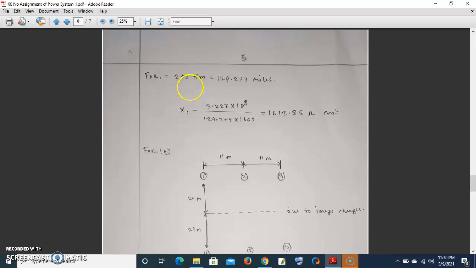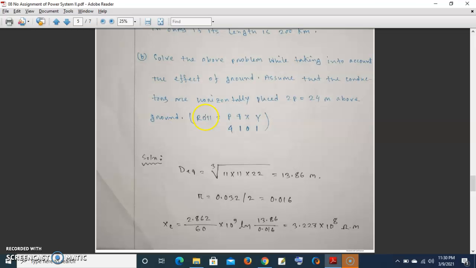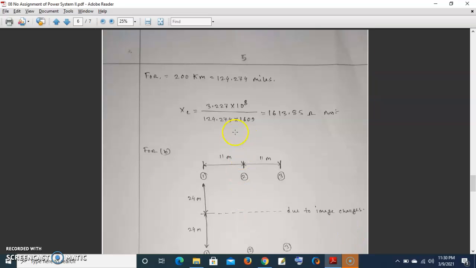For 200 kilometer or 124.274 miles, we get the capacitive reactance XC equal to the above 3.227 into 10 to the power 8 ohm meter divided by miles, 124.274 into 1609.